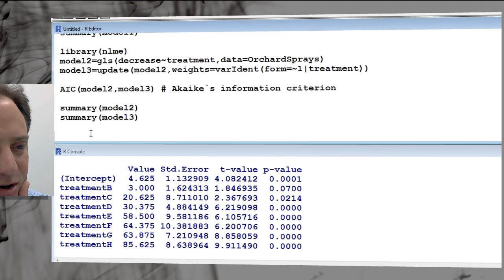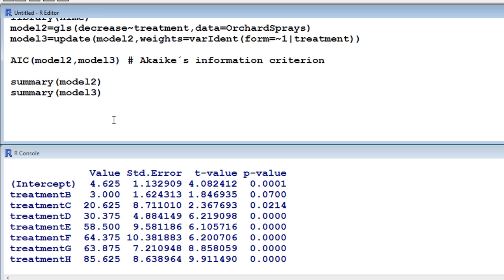Now I'm going to show you quickly one more contrast option that I use very often, which is the successive difference contrasts. Why are they called contrasts? It's just contrasting different treatment levels with one another. Okay, so the successive difference contrasts are part of the MASS library.